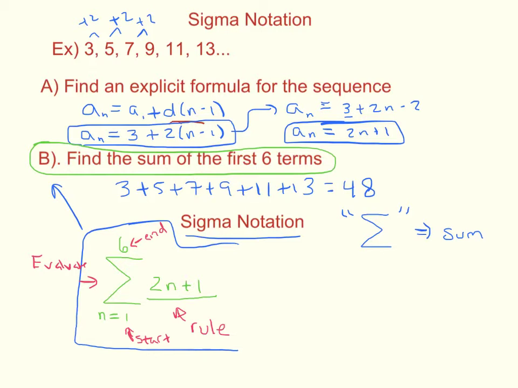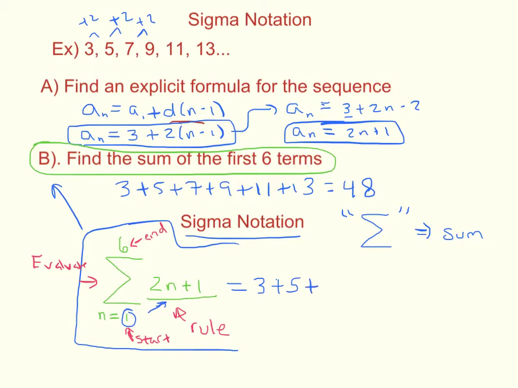You say, okay, this is equal to, I'm going to start by plugging in my 1 into my rule. When I plug in a 1 into my rule, I get 2n plus 1, which is 3. Now I put a plus. Why do I put a plus? Well, that's what the sigma is telling us. The sigma notation is telling us to put pluses in between each term that we get out. Now what's after term 1? Term 2. So plug in a 2 for n, and you get 2 times 2, which is 4 plus 1 is 5.